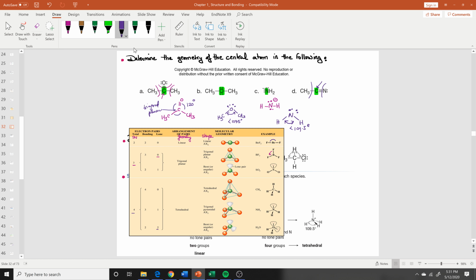The bond angle has to be 180 degrees. To represent that, you draw a carbon triple bond nitrogen. This carbon is going to have linear geometry, and you always need to show the bond angle is 180 degrees. Okay?